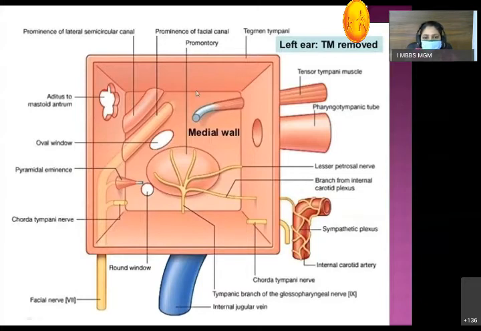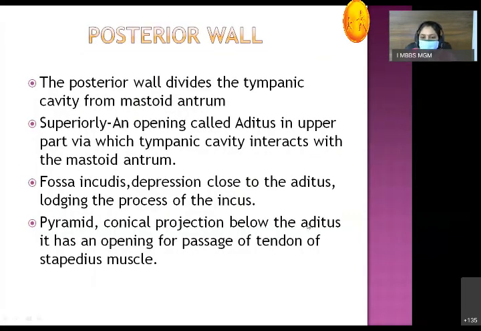The fossa incudis is not shown here. There is a pyramidal conical projection where there is attachment of the stapedius muscle tendon. This is called the pyramidal eminence, which is present just below the auditus. It is the conical projection below the auditus, and it gives attachment for the tendon of the stapedius muscle.